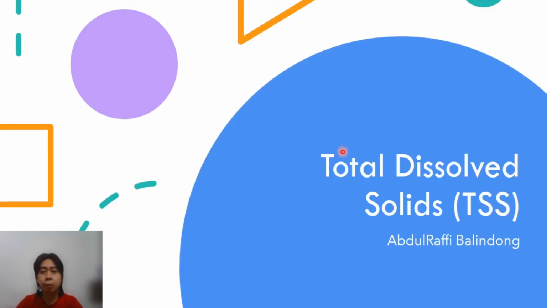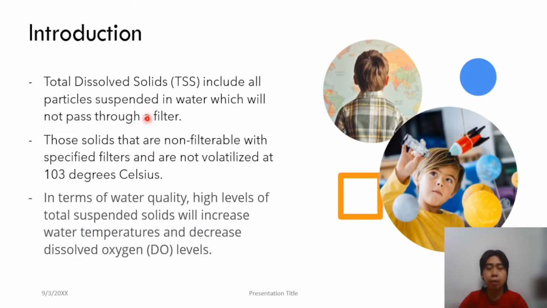So this topic will be total suspended solids, or TSS. Introduction: total suspended solids include all particles suspended in water which will not pass through a filter. Those solids are non-filterable with specialized filters and are not volatilized at 103 degrees Celsius. In terms of water quality, high levels of total suspended solids will increase water temperature and, on the other hand, decrease dissolved oxygen, DO, levels.